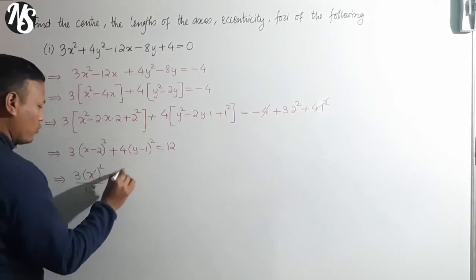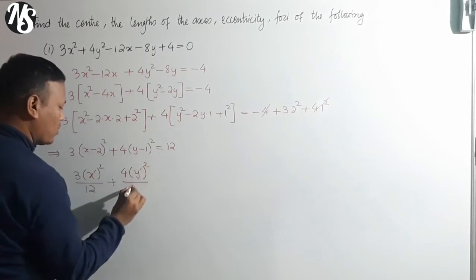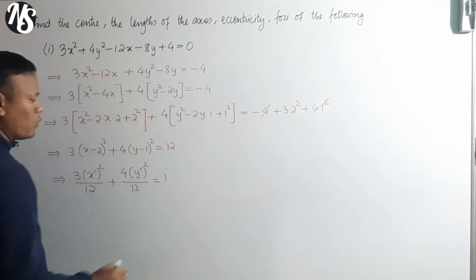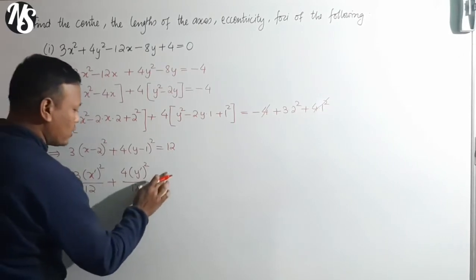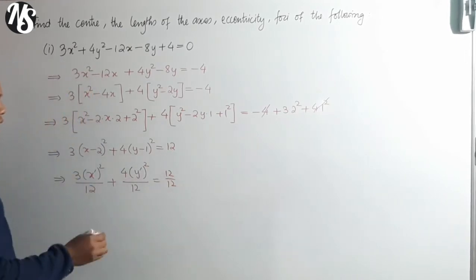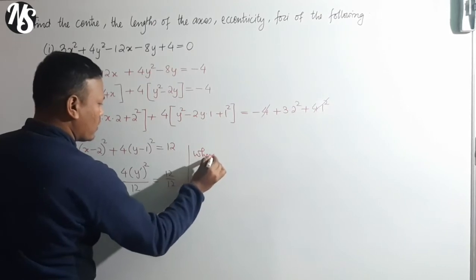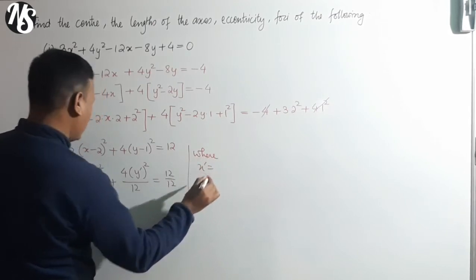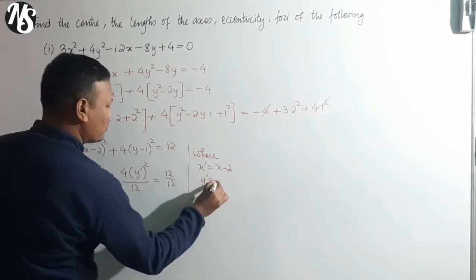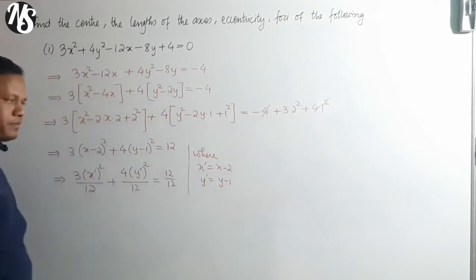So here we have got 4 into y dash square by 12. So here we will get 12 by 12, which is equal to 1. Let me write it 12 only. So 12 by 12. Now you have to write where x dash is equal to x minus 2 and y dash is y minus 1.